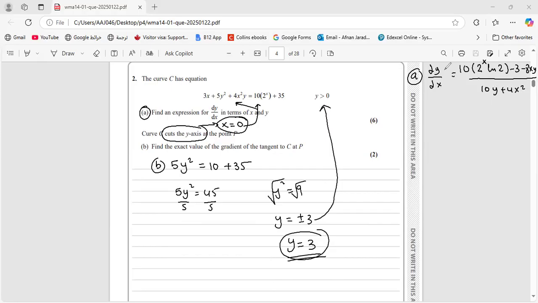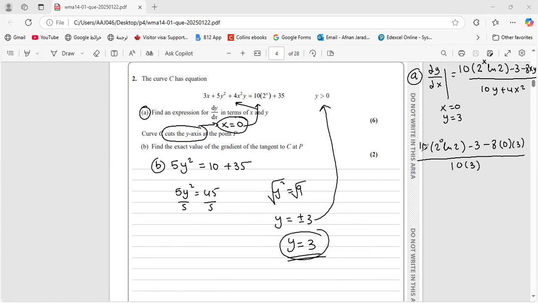So now substitute 0 for each x and 3 for each y. Okay, so it will be 10 multiplied by 2 to the power of 0 ln 2 minus 3 minus 8 multiplied by 0 multiplied by 3, over 10 multiplied by 3 plus 0.